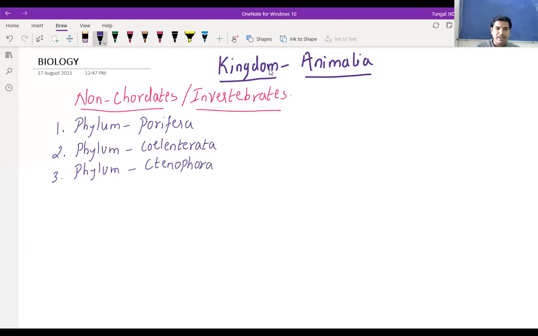The next phylum, Platyhelminthes, which we call flat worms. The next phylum, Annelida.